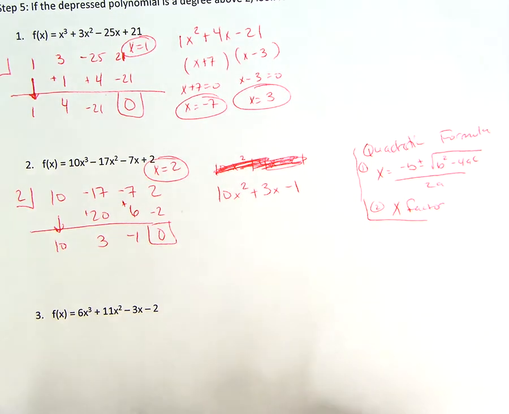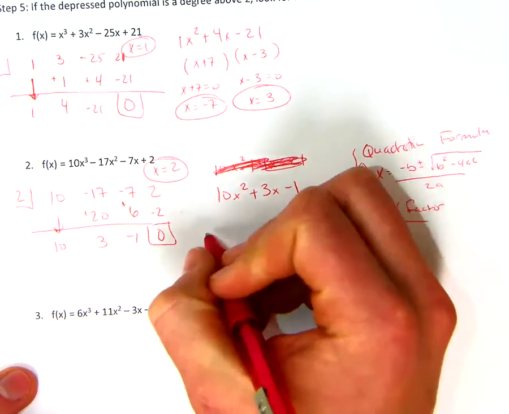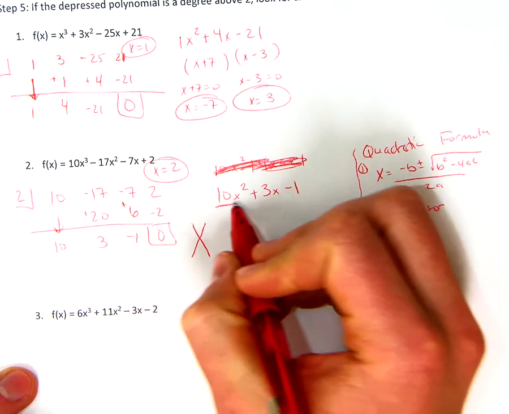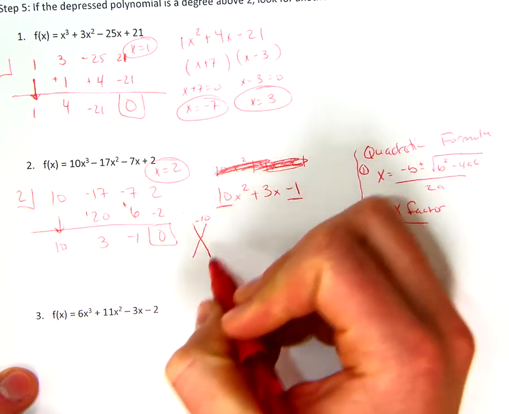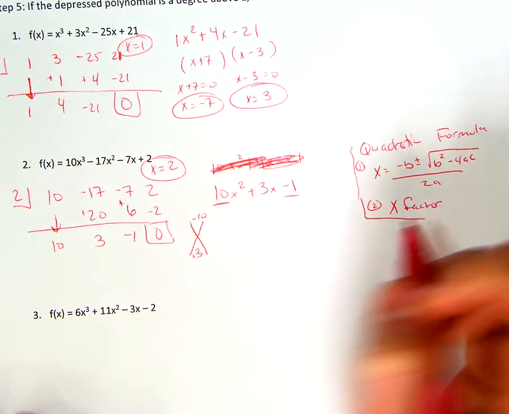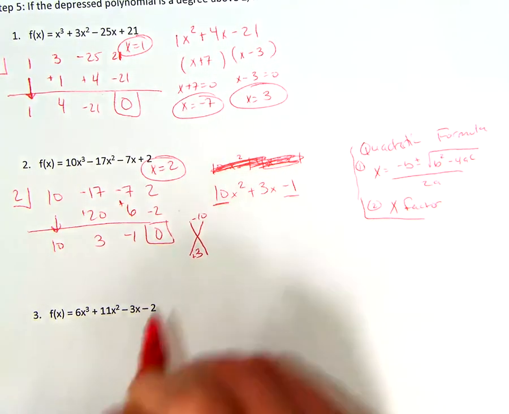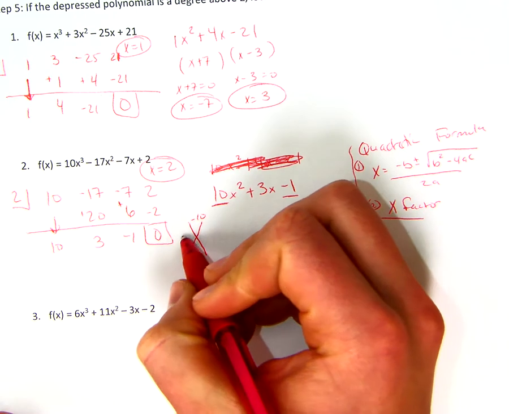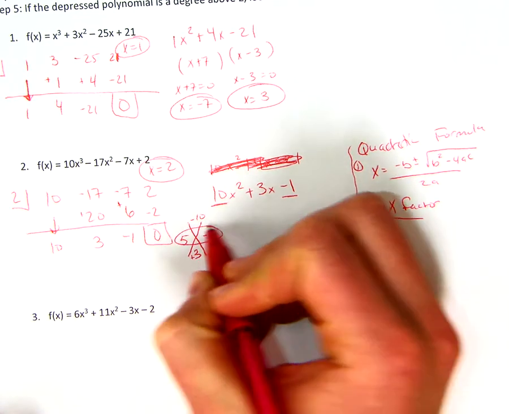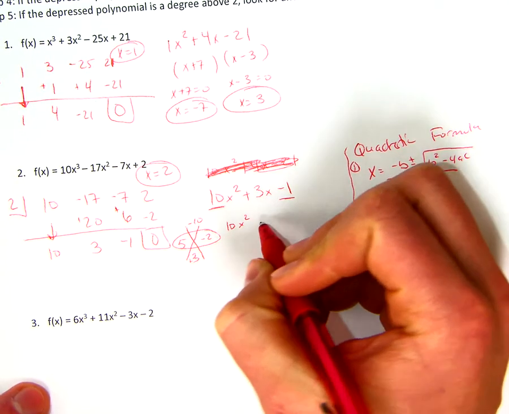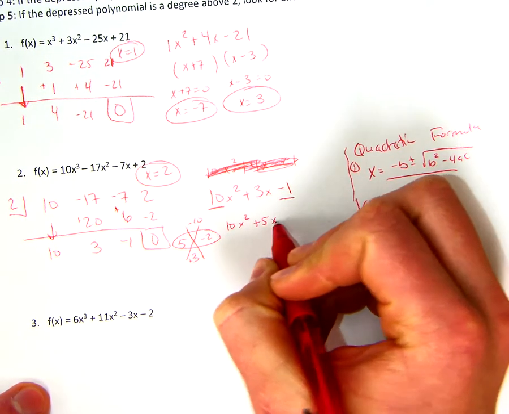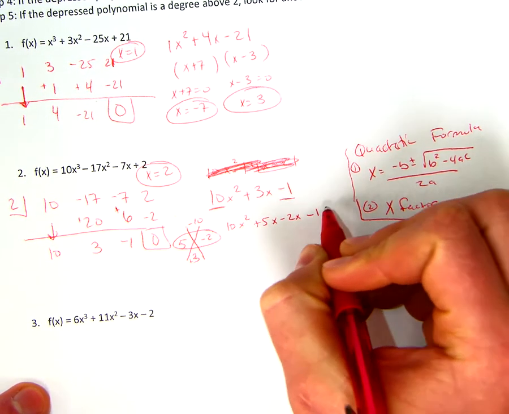I'm going to show you the x factor in this one. The next one I'll show you the quadratic formula. So the x factor, I take 10 and I multiply it with negative 1 to get negative 10, and I have to add to a positive 3. What two numbers multiply to negative 10 and add to 3? 5 and negative 2. I'm then replacing some things, so I have 10x squared plus 5x minus 2x minus 1.